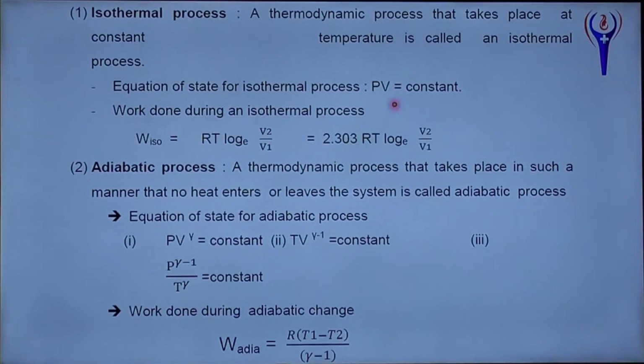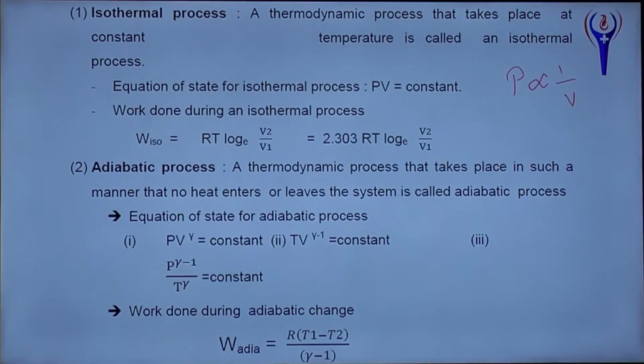It means when pressure increases, volume decreases. P is inversely proportional to V. When P increases, V decreases.